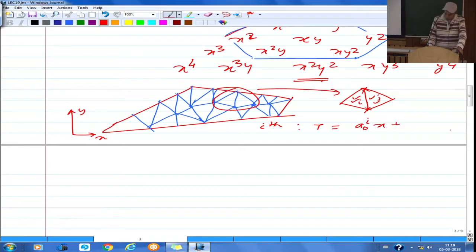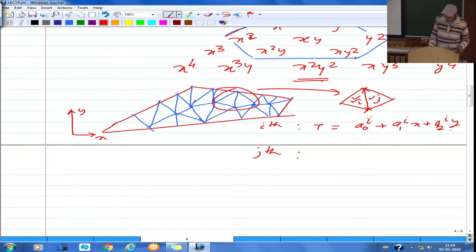T would be a0i plus a1i x plus a2i y. This is the approximation within the first element. For the jth element, T would be equal to a0j plus a1j x plus a2j y. The constants a0, a1, a2 for the ith element and a0, a1, a2 for the jth element would in general be different.